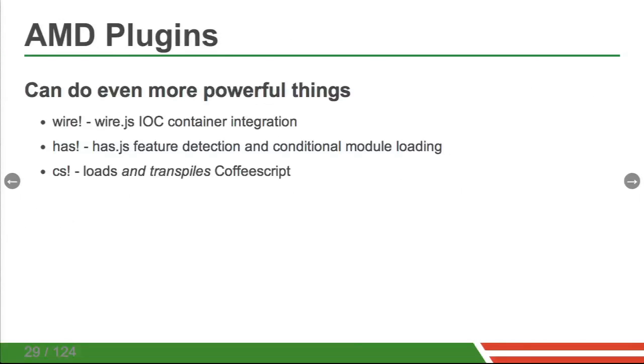I just showed you a quick little example of wire. This is how we can take one of those specifications that Brian showed earlier and go grab it from somewhere and then process it. There are other ones out there for loading CoffeeScript and some other things. And there's one that also lets us do feature detection, and there are some really elaborate ones out there. I can't go into all of them.